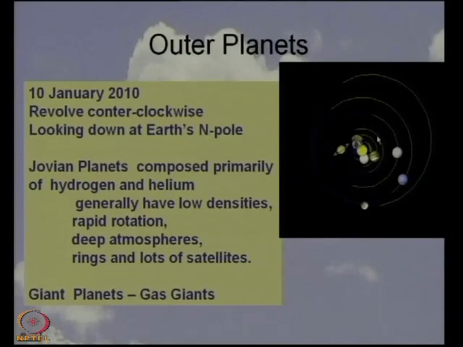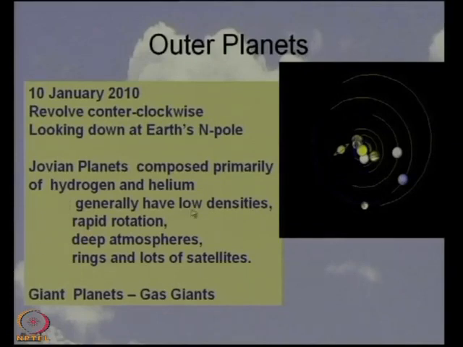These are also referred to as Jovian planets, meaning Jupiter-like planets. They are composed primarily of hydrogen and helium gas, unlike the Earth and the terrestrial planets, which are solid.